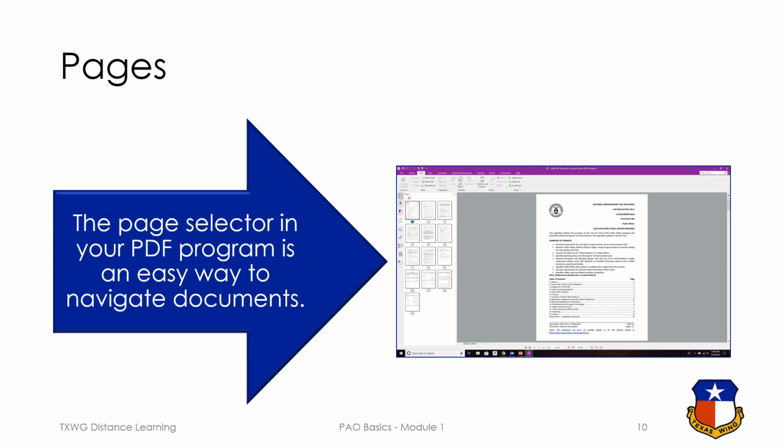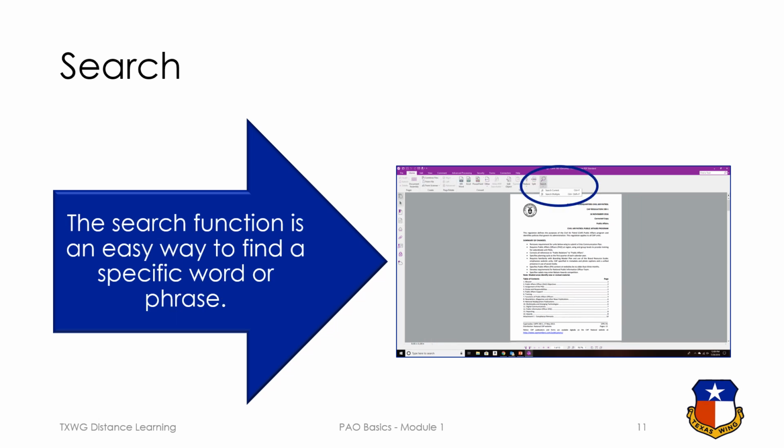Using the page selector in your PDF program is another quick way to review the document for the information you need. Check the table of contents, then click on the page to display that page. You can also use the search function in your PDF program to find all the information related to a keyword or phrase.